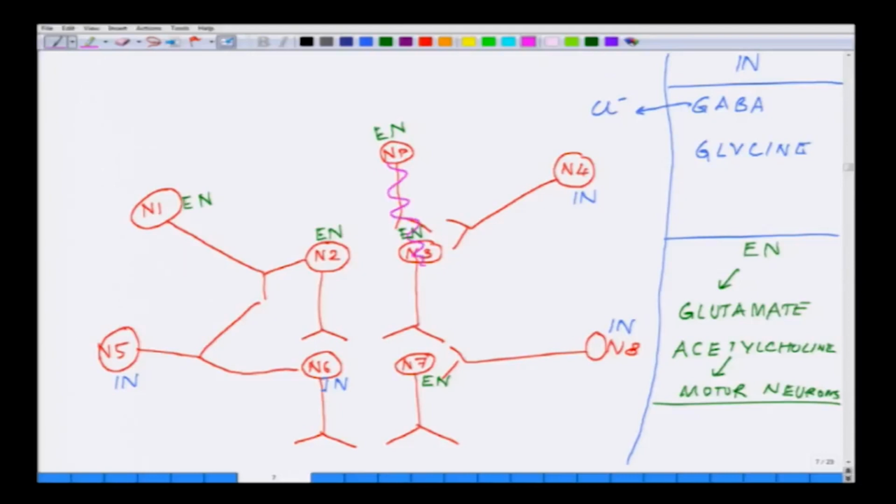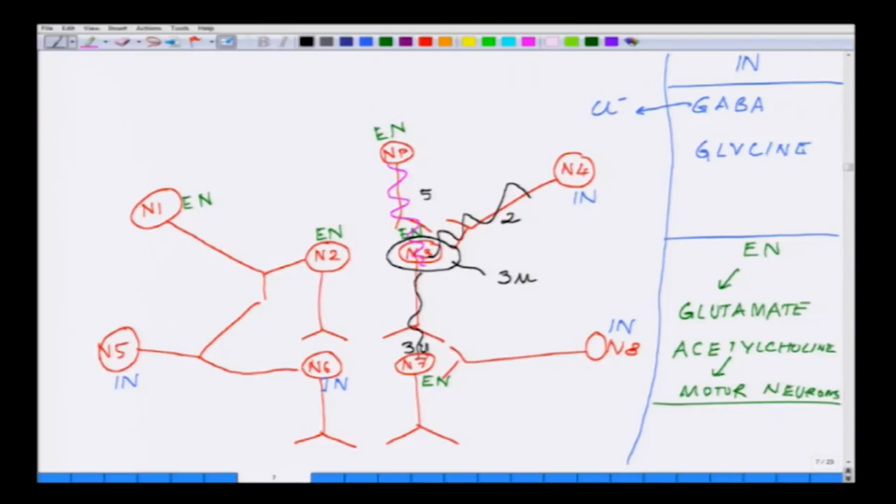So, now if there is an inhibitory signal coming from this neuron, there will be an algebraic addition out here. So, if this sends say 5 units of signal and this sends 2 units of signal, essentially N3 will have 3 units of signal. Realize? So, what it will be passing on here will be 3 units. I am just giving hypothetical numbers here. Okay? If you have a way to quantify it.